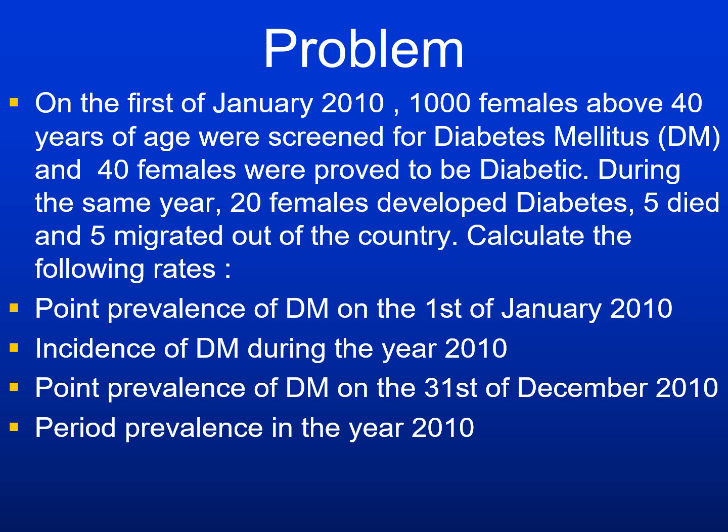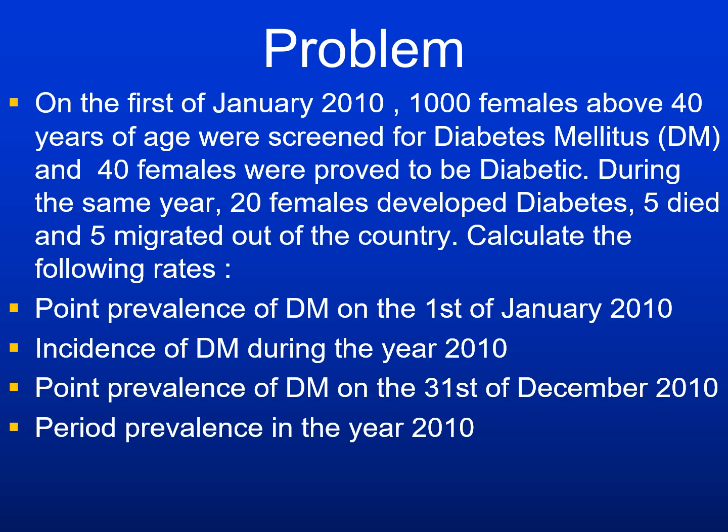So I will have only 30 females with diabetes, plus those who had diabetes as new cases during the year. So it is going to be 30 plus 20, 50, divided by the population. What is the population that I'm going to find on December the 31st from my sample? I'm going to find only 990 because 5 died and 5 migrated.